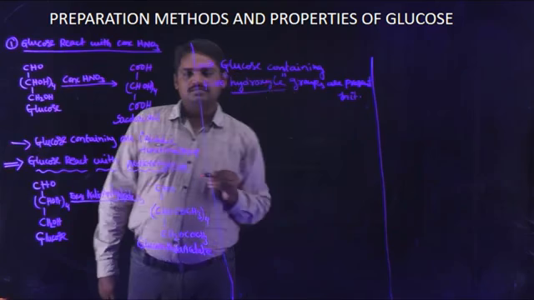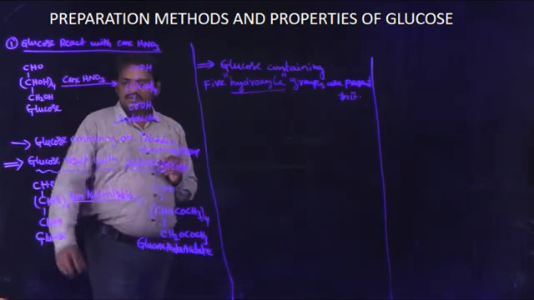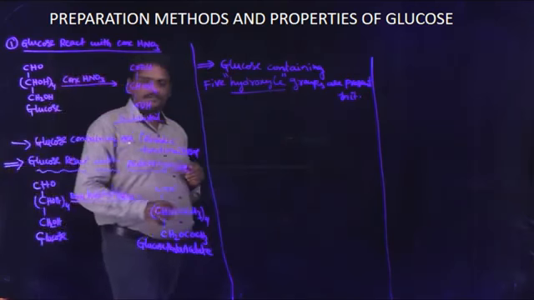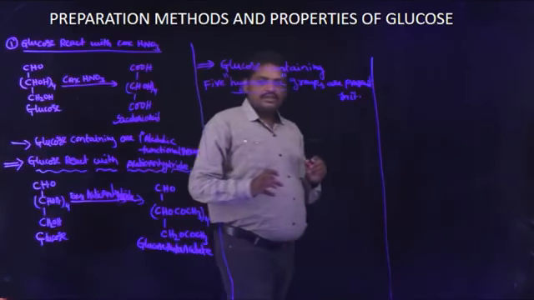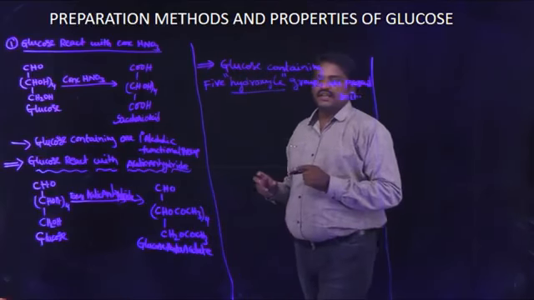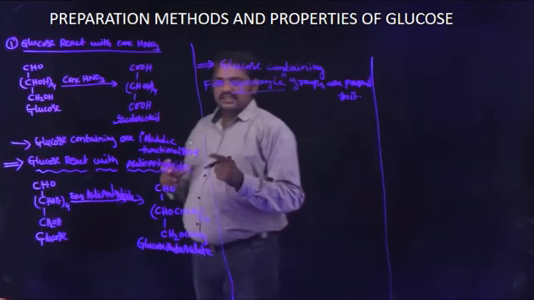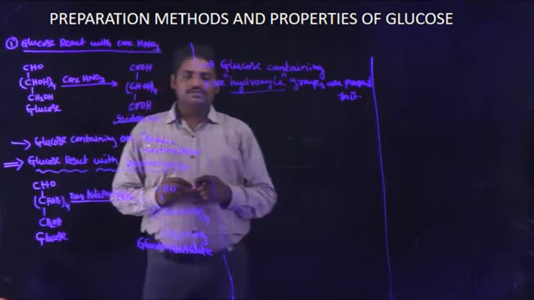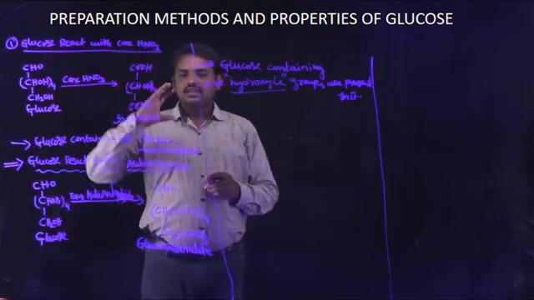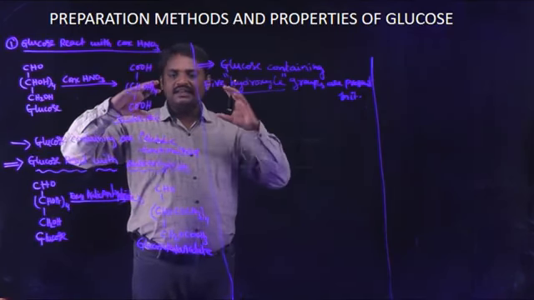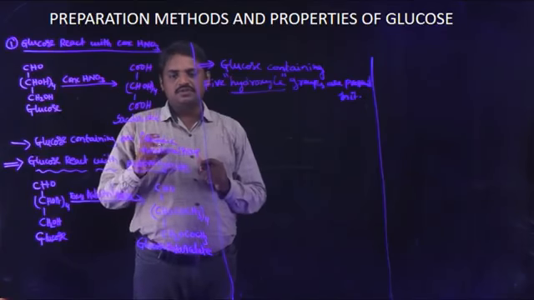Okay. So glucose reacts with an excess amount of acetic anhydride. It produces glucose pentaacetate, which means the 5 hydroxyl groups are connected with acetyl groups.